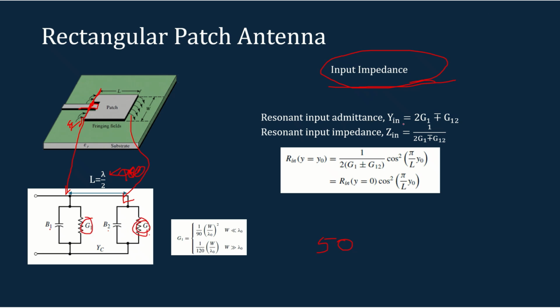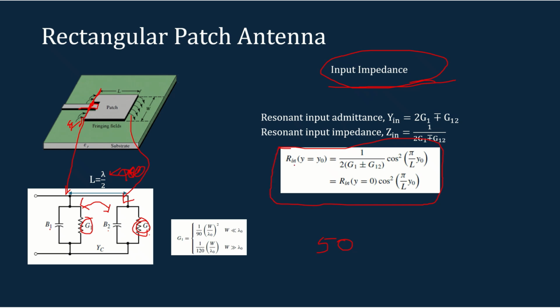The total input admittance can be given by Yin equal to 2 G1 plus or minus G12, where G12 is the coupling effect. The input impedance can be given by 1 by Yin, which is equal to 1 by 2 (G1 plus G12). But the important equation that we have to consider while designing the antenna is this one.